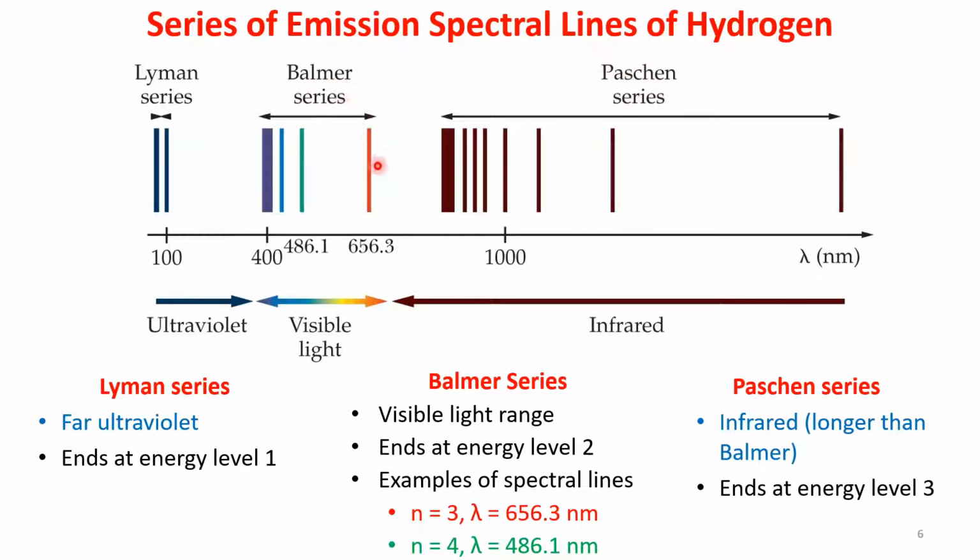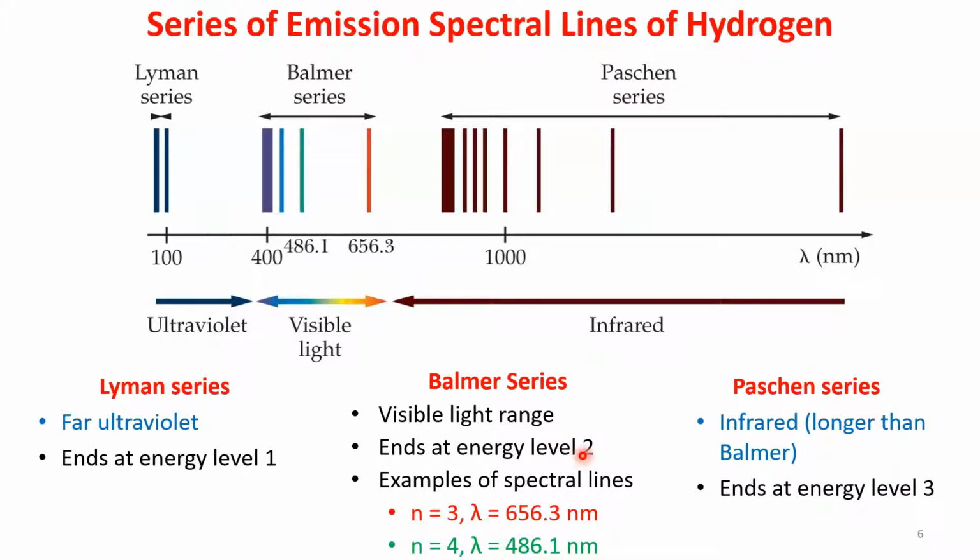We need to focus on the Balmer series because it covers the visible light spectrum, from 400 nanometers to 700 nanometers. For the Balmer series, the emission spectrum ends at energy level 2.